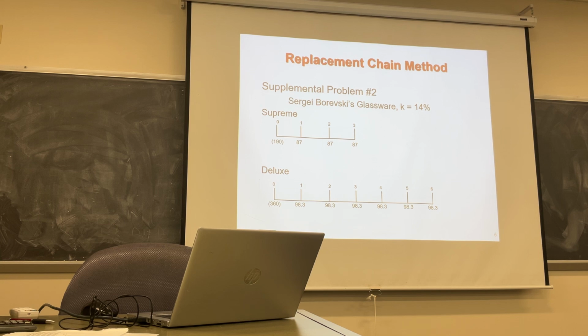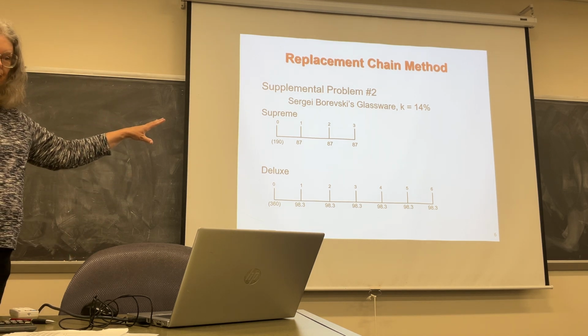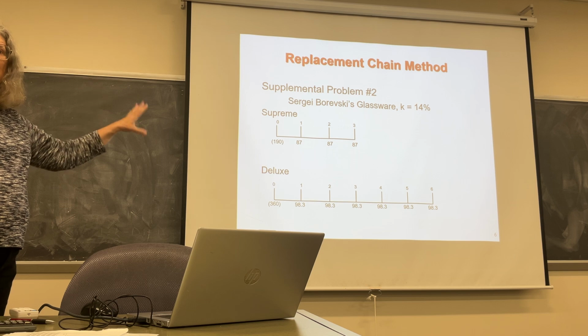That is a simplifying assumption for us. Assume that glassware's cost of capital is 14%. Should the firm replace its old blow furnace, and if so, which new furnace should it choose? Okay, so here's the setup. Any questions on that?